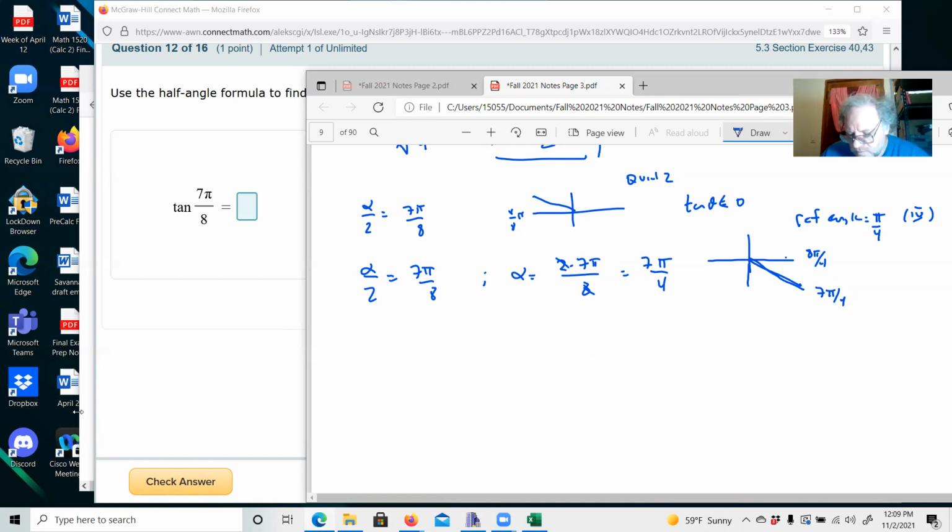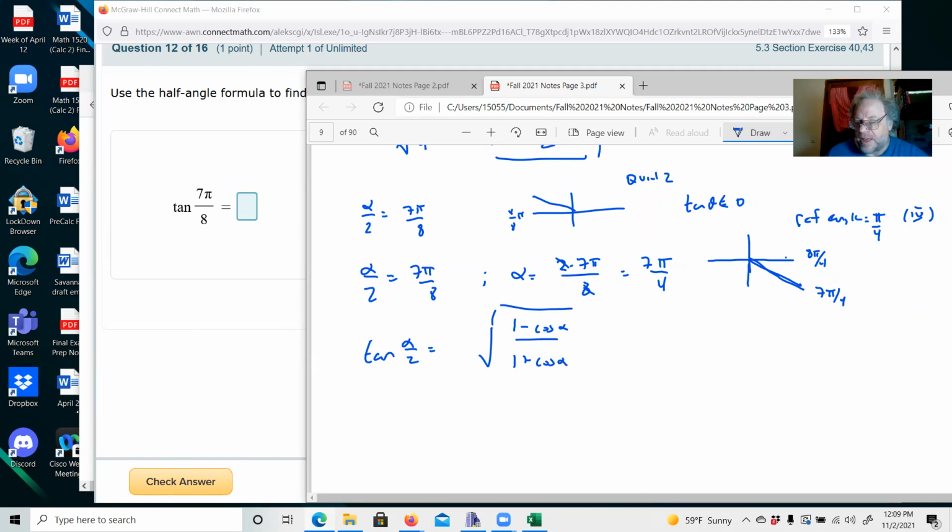We could do the sine of alpha over 2 divided by the cosine of alpha over 2, and we might do that in the next one, but the tangent of alpha over 2 is equal to the square root of 1 minus cosine alpha divided by 1 plus cosine alpha.